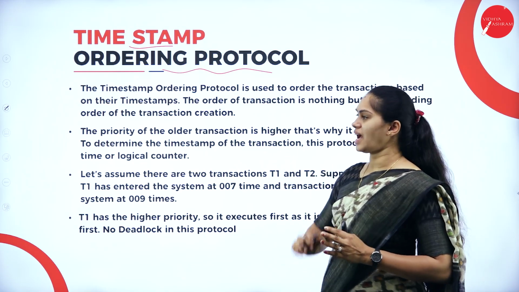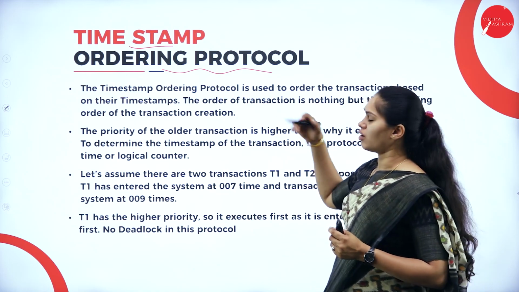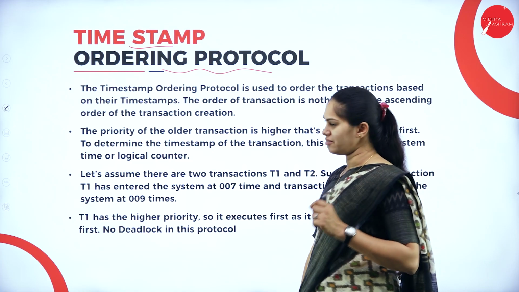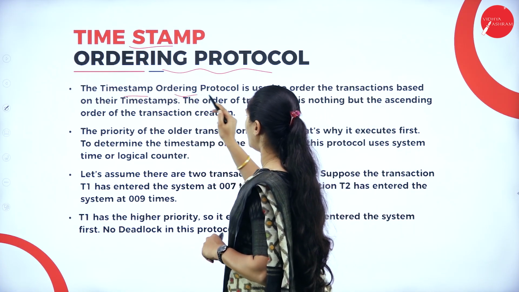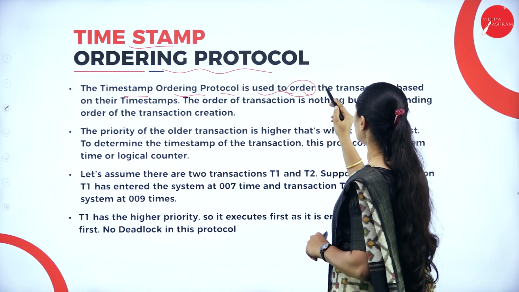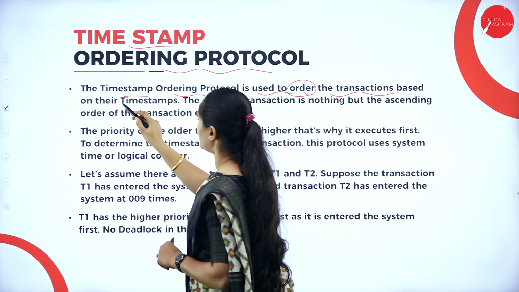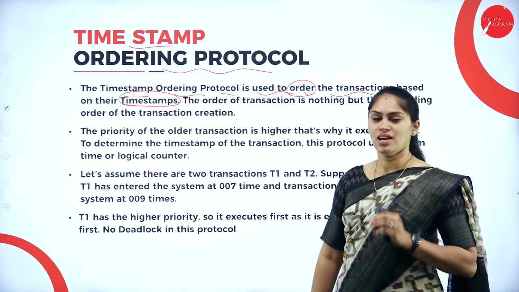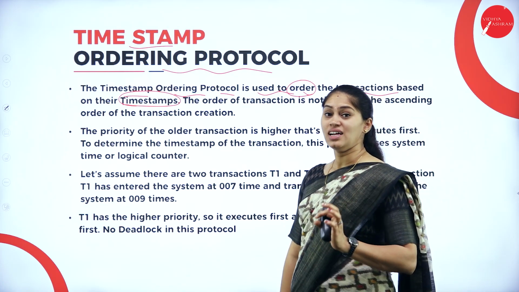Then how will the timestamp ordering protocol or ordering method work for concurrency control? We'll see here. The timestamp ordering protocol is used to order the transactions based on their timestamps, instead of waiting for a long duration. They are just going to specify the timestamps.